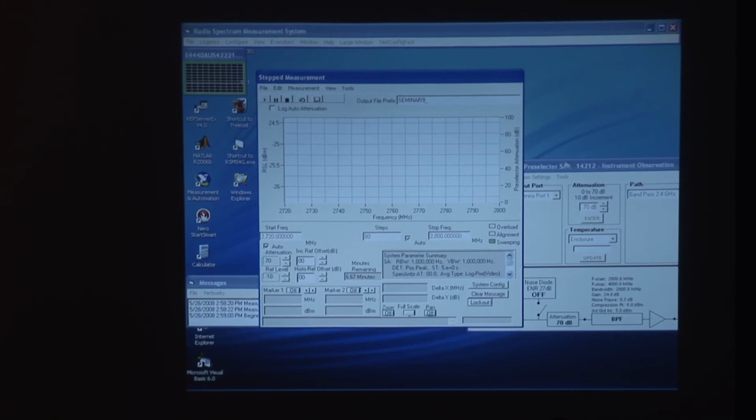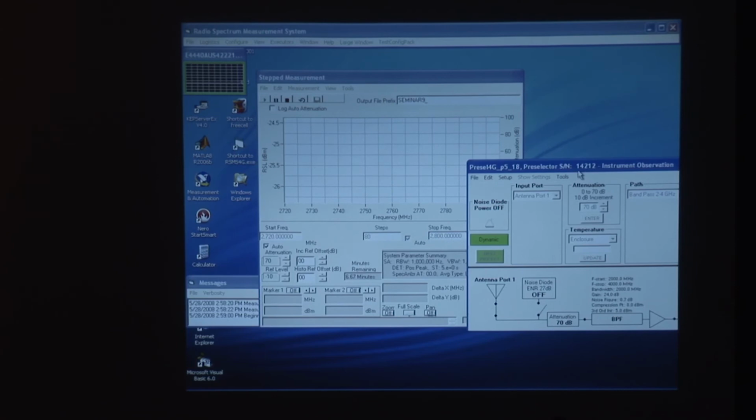Okay, so now what's happening is the spectrum analyzer is looking for an attenuation level that it can use where it is not overloading and where we can see the measurement system noise floor. So it starts off with a high attenuation level, it steps it down 60, 50, 40, we're still coming down.